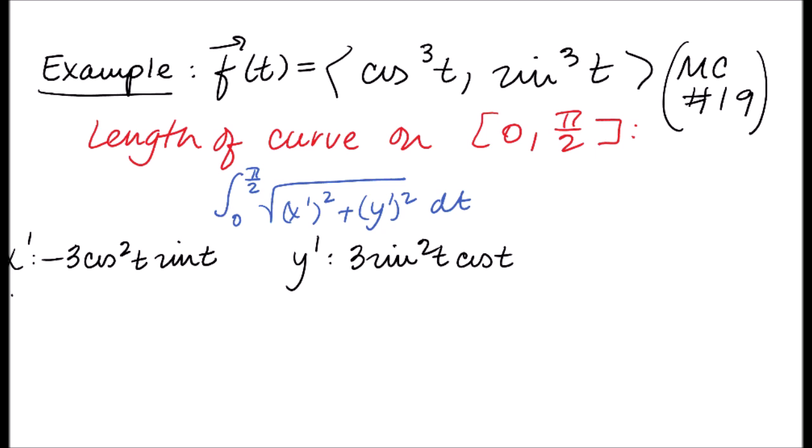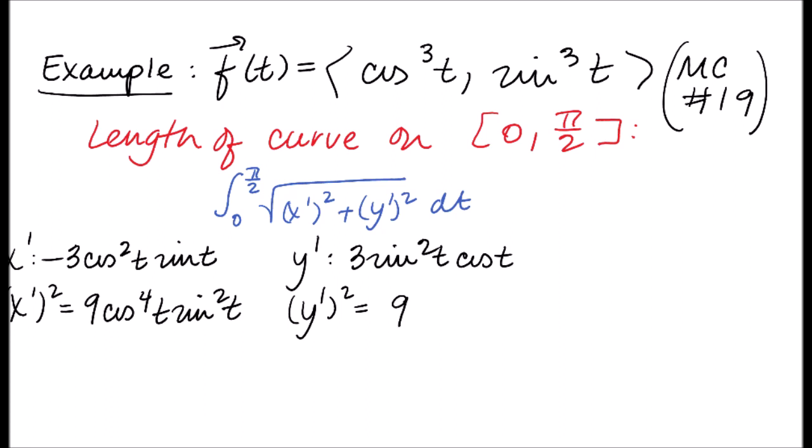And then when we go to square these, sometimes I find it useful to just square them before even trying to put it in the integrand or inside the square root. And so this is 9 cosine fourth t sine squared t. And y prime squared is going to be 9 times the fourth power of sine t times the second power of cosine t.